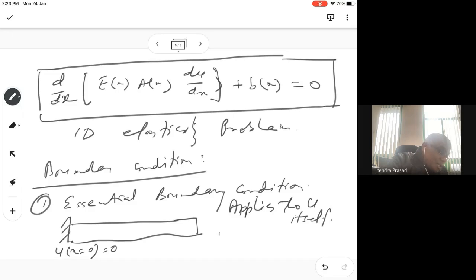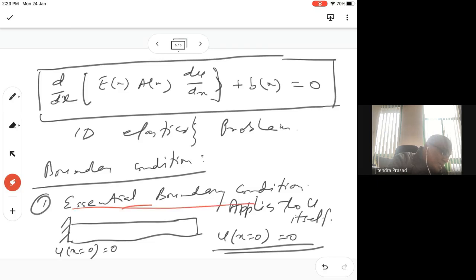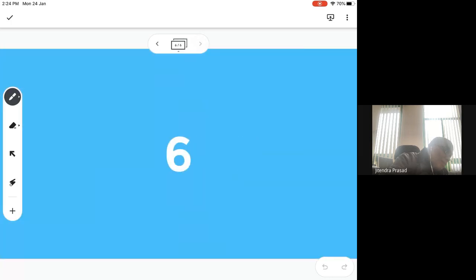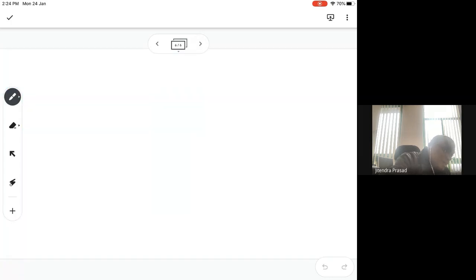In this case, you have done like this. The other end could be anything; you can apply a force, for example, F naught. If the other end has a force, then we have to write accordingly.